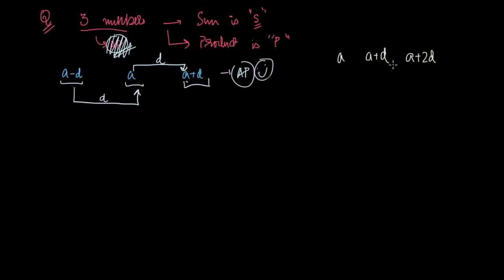Now the thing with this sequence of three numbers is that it starts from A, but the common difference here is D as well. So the two APs are effectively the same, but the only difference is that this AP starts from A minus D, while this AP starts from A. It's as though if this were an infinite series, the number preceding A would have been A minus D.